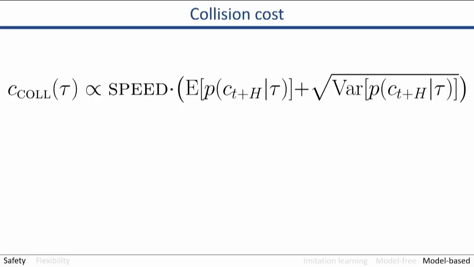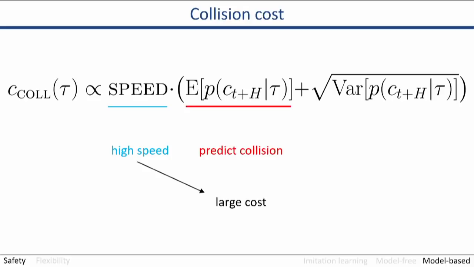I'm going to go into a bit more detail on the different aspects now. So first is the collision cost. This is our collision cost. First, we say if you're going at high speed, you should have high cost. If you predict collision, you should have high cost. And if you have large uncertainty, like high variance or high standard deviation, you should have large cost. This is just some cost function we made up.